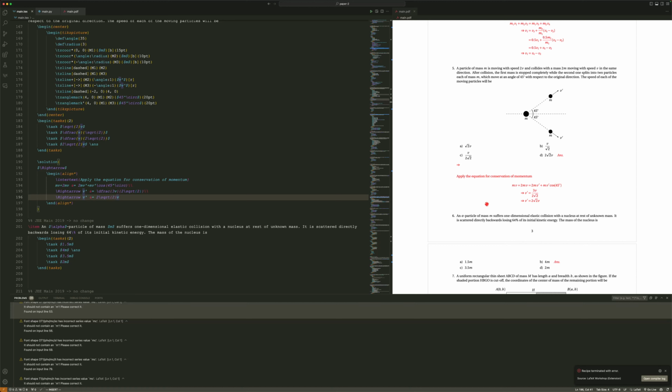Just a minute. A particle of mass m is moving with velocity 2v, collides with the mass 2m moving with velocity v. So the second part is right, but the first part is wrong. It's mass times 2v, and now I think let's put c dot.